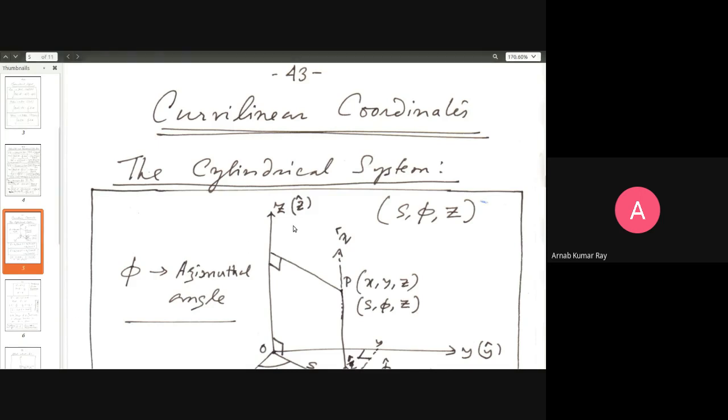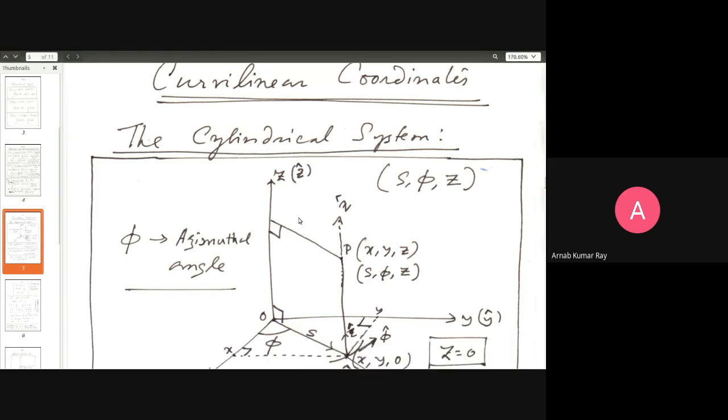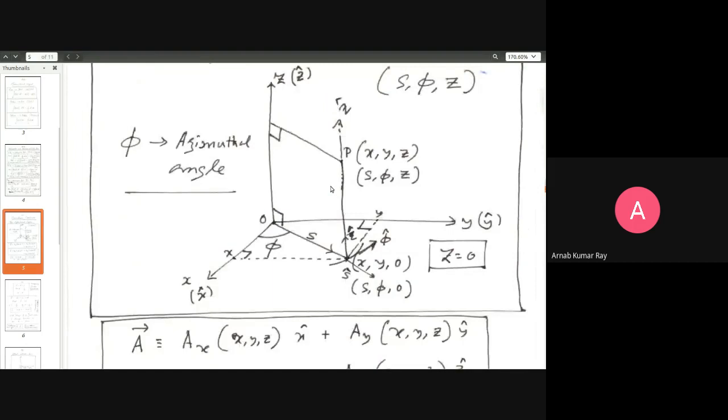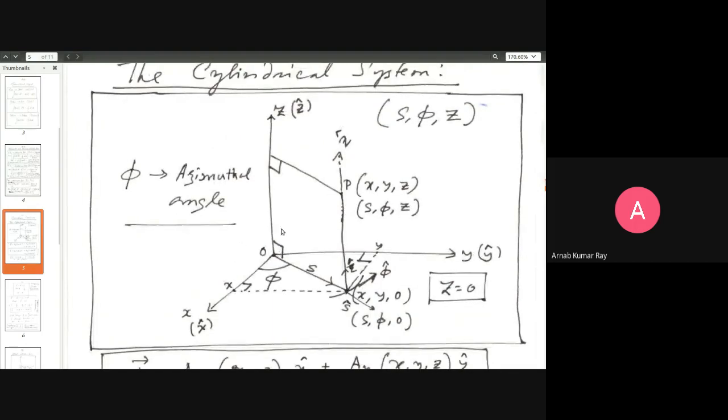Okay, so here, first let us try to understand the geometrical layout of the cylindrical system. Here we are. First, let us begin with our familiar XYZ coordinates. Here is the x-axis. It is drawn at an incline, but in actual fact, you must imagine it to be going towards you.